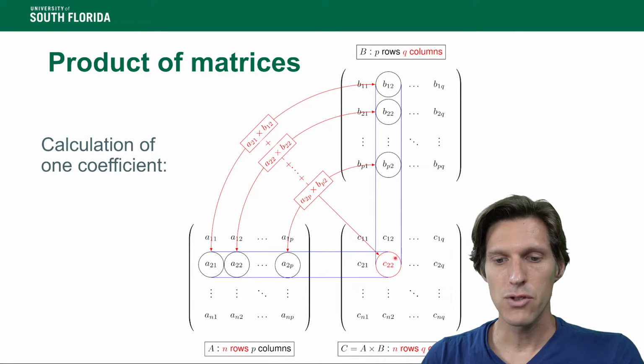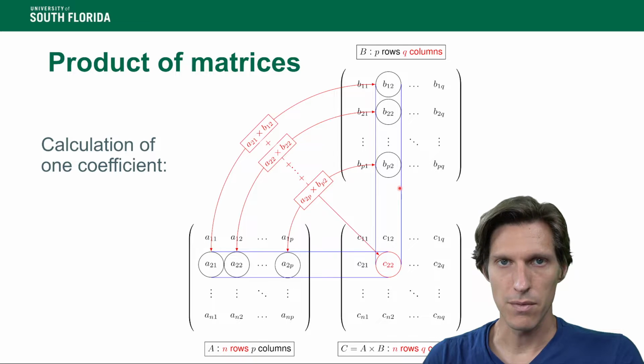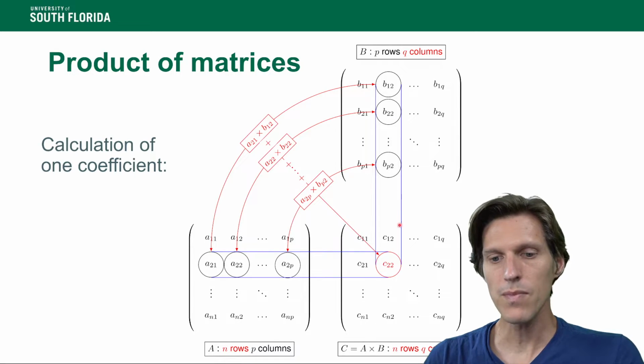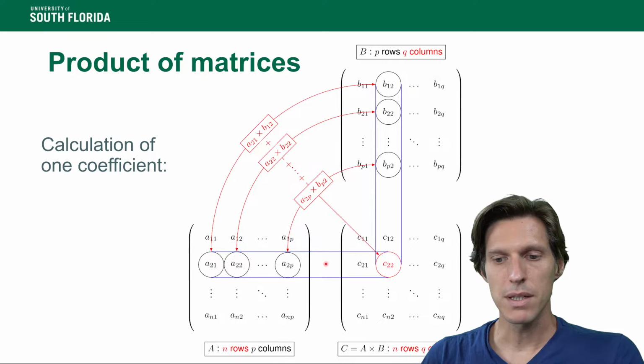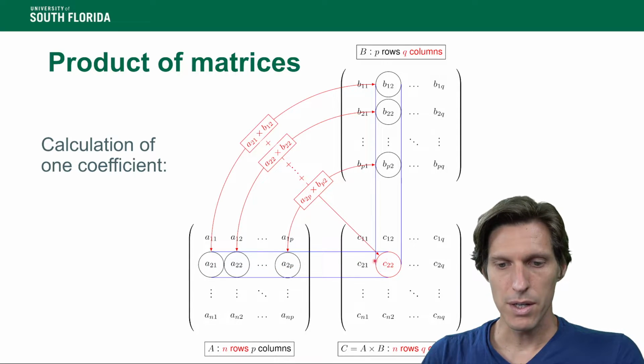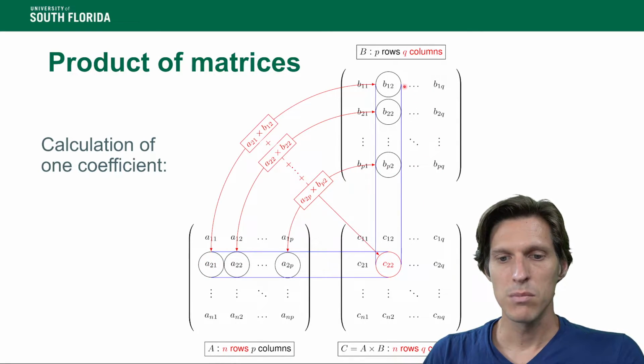And every entry of the resulting matrix of n rows and q columns, where q is the number of columns of the matrix B on the right-hand side of the multiplication, is basically a dot product. Here we have the entry ij. It's going to be the dot product between the row of index i of A and the column of index j of the matrix B.